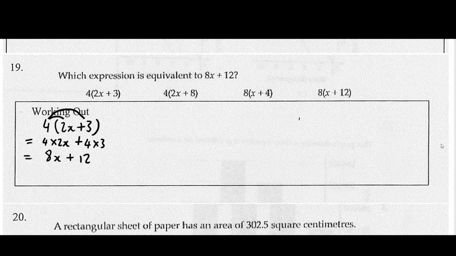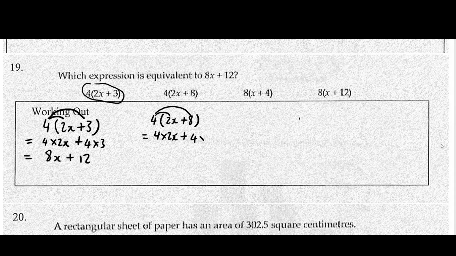Alright, so that looks like the correct answer. So that one there, but let's try the other ones. We've got 4 by 2x plus 8. That's going to be 4 times 2x plus 4 times 8. 4 times 2x is 8x plus 4 times 8, 32.